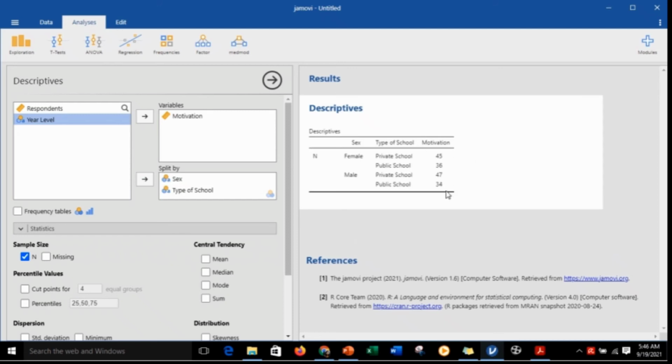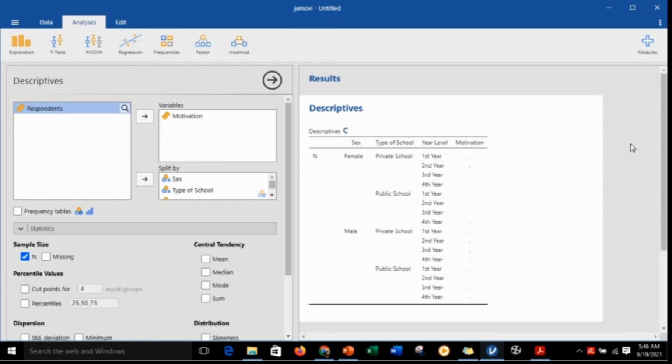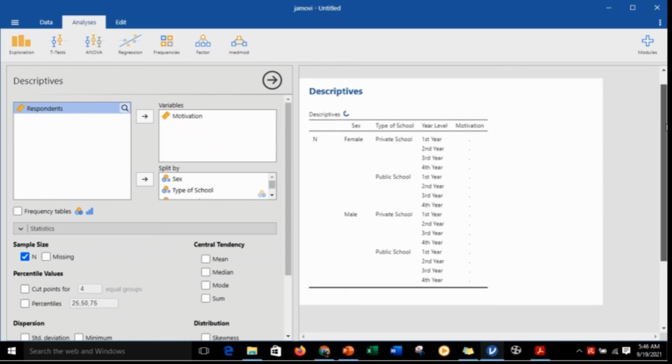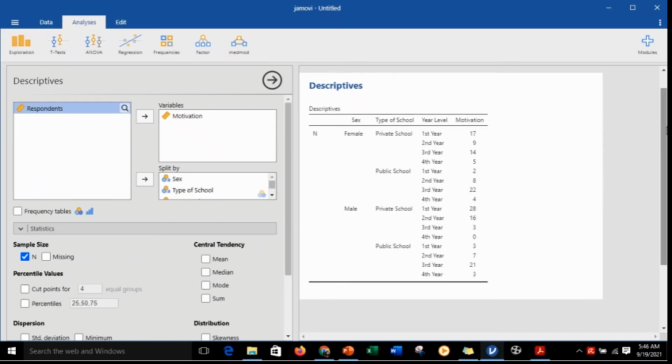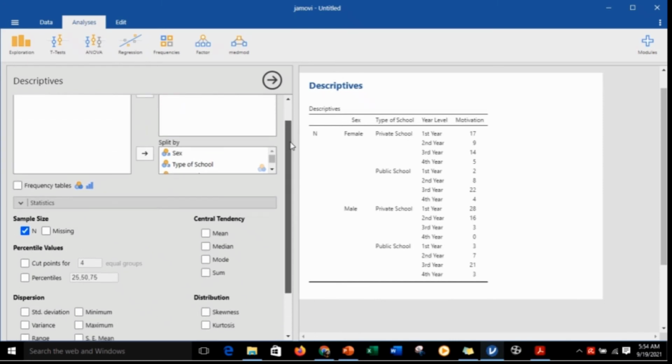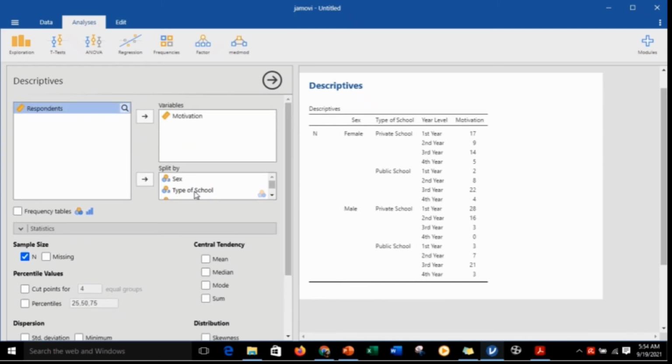So we can now see how many male and female we have from public and private schools. Let's then add a year level. So it now gives us information about the number of students per level from public and private separated by sex. Let's now move to the next one, but let's just focus only in one variable.